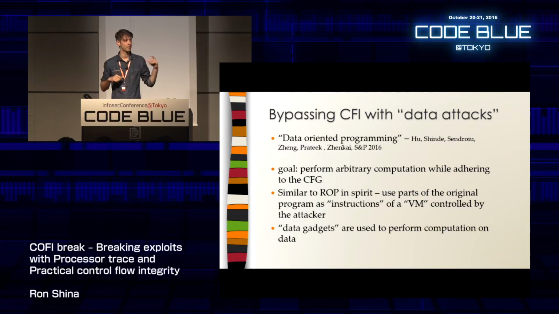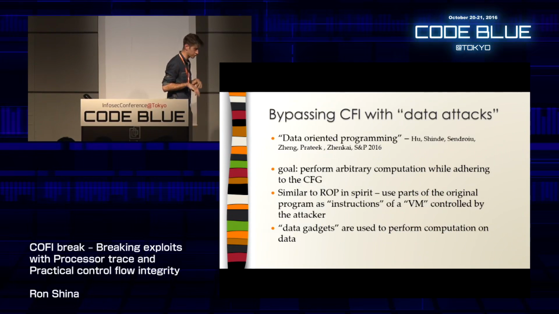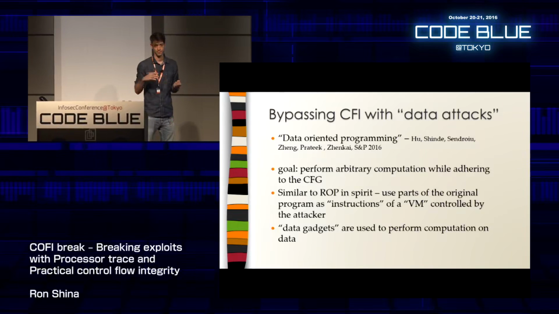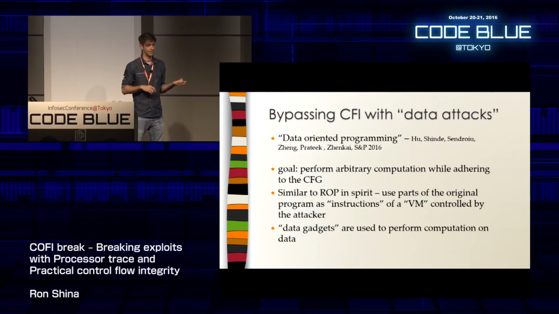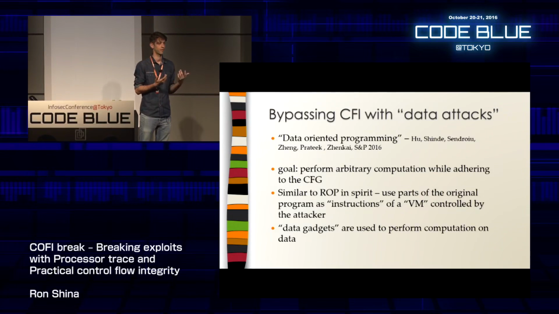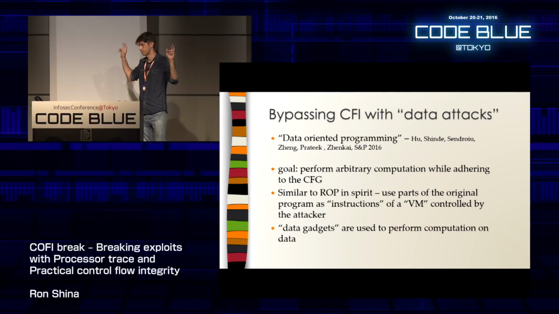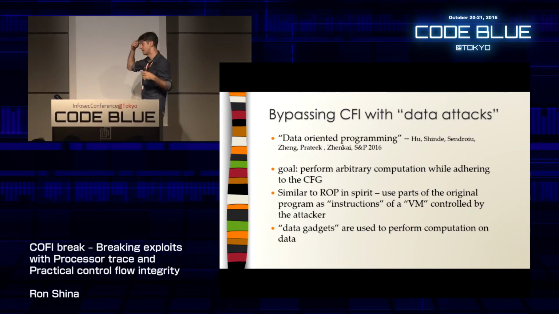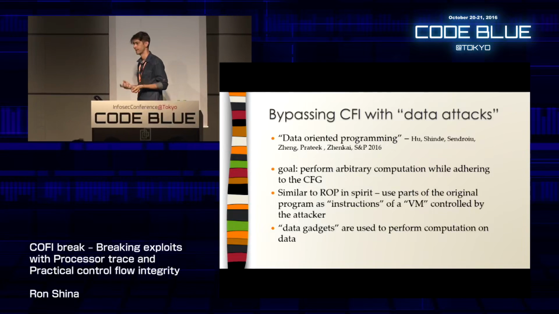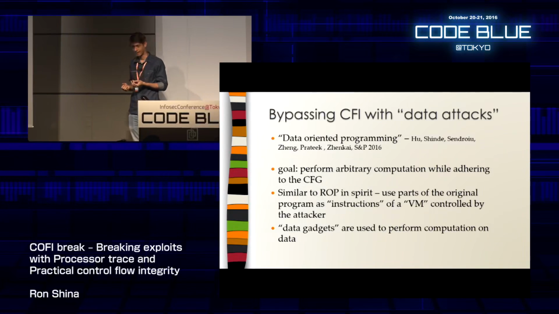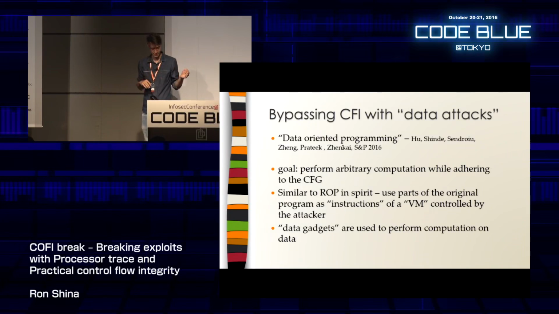What those gadgets do is usually a structure of load from memory, do an operation, and then store the result of that operation back to memory. You could think of that as a basic operation in your sort of attacker virtual machine, and you'd want to chain those in order to get your arbitrary computation. You wouldn't think that to be that trivial.